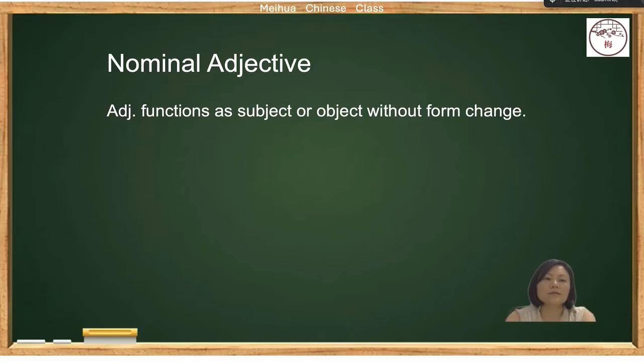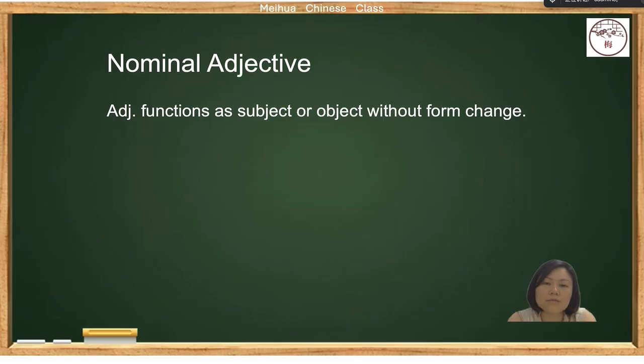The last syntactic function for adjective is that adjective can function as subject or object without form change. Most commonly, adjective is the feature, right, to modify a noun.